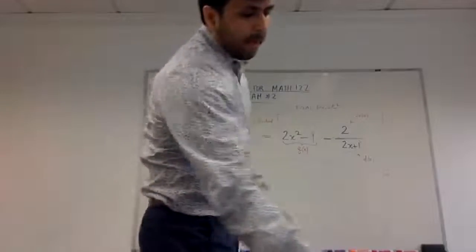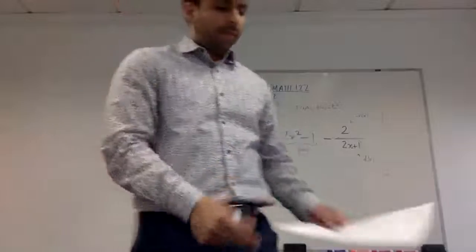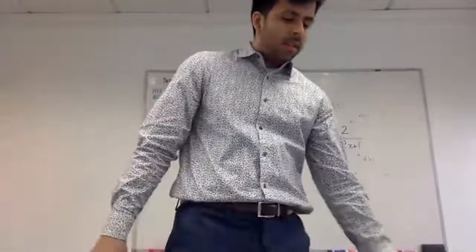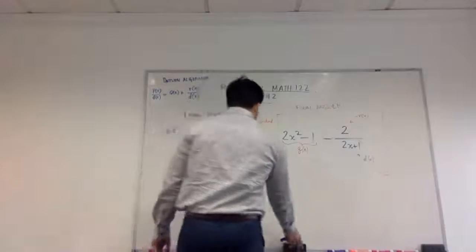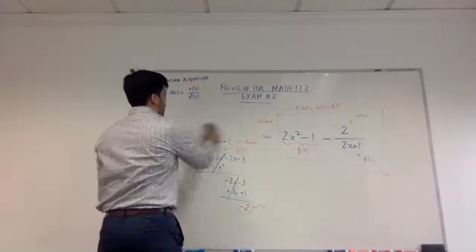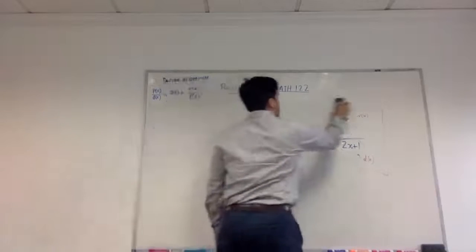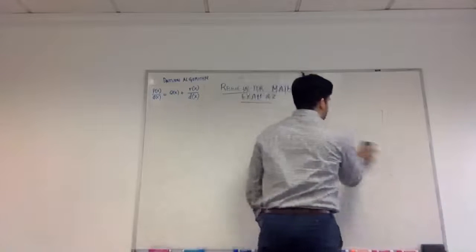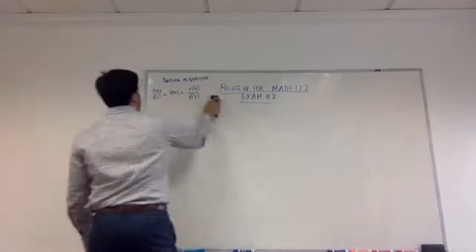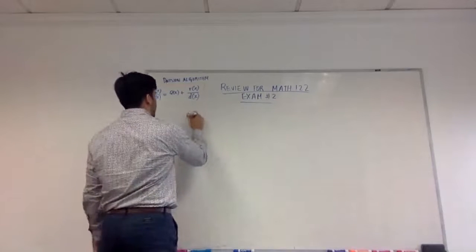So, but if you have any other questions from any other things, just let me know. But for now, we're going to focus on the review sheet and see what we can do with that. So I'm going to erase this now. I will leave that up there. So we're going to be doing now rational functions.